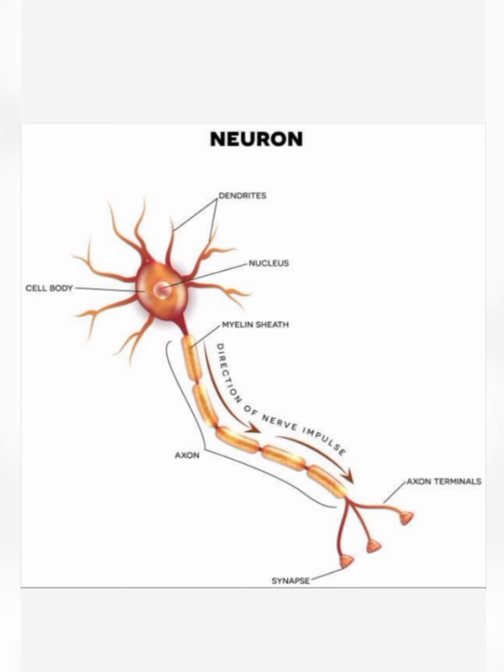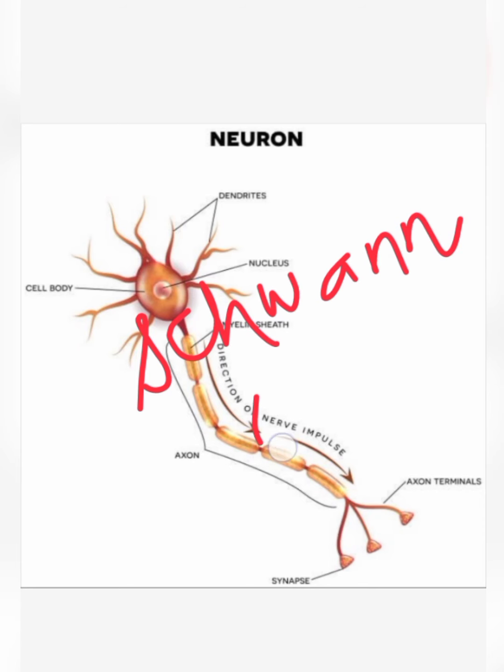I forgot to tell you one more point: this myelin sheath is made up of special cells called the Schwann cells. Repeat after me, they are called the Schwann cells. Let me write the spelling there.